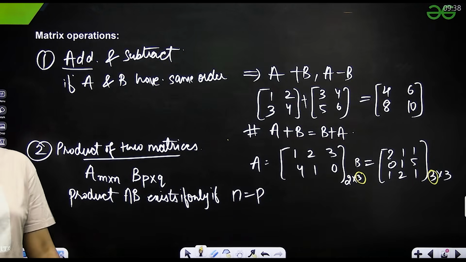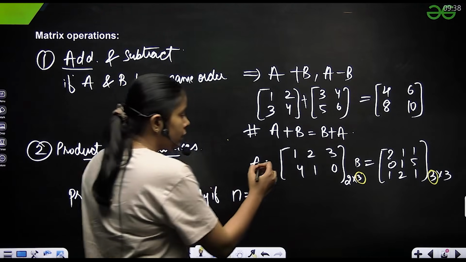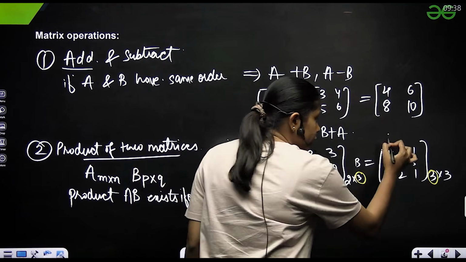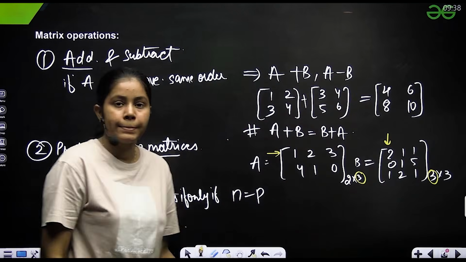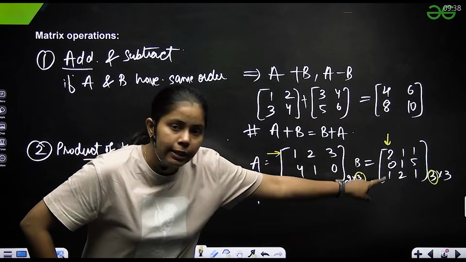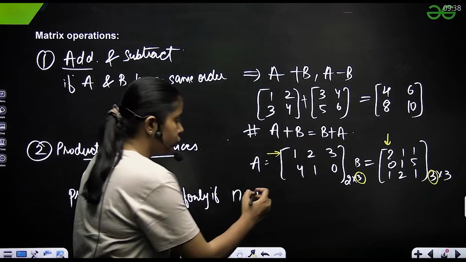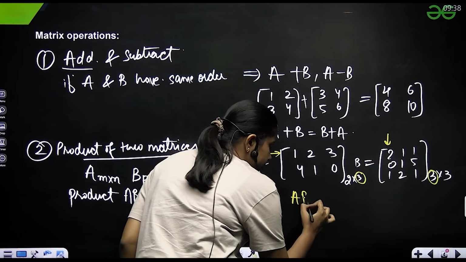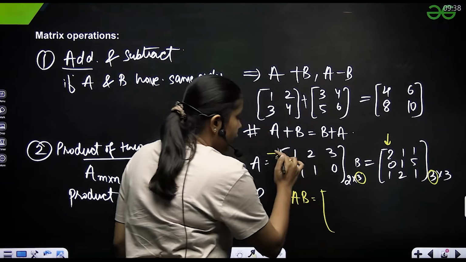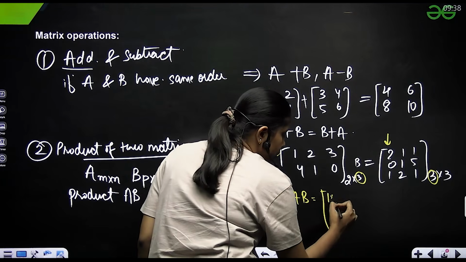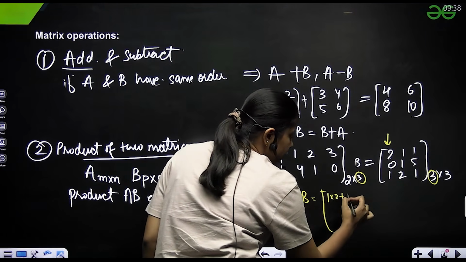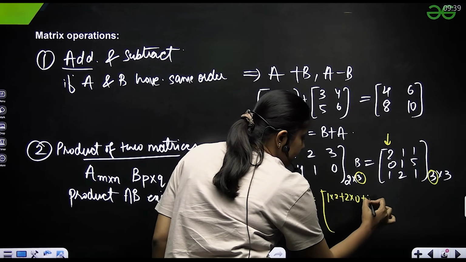And how are you going to find the product? You would take the first row and multiply it with the first column. How are you going to multiply row and column? So AB would be this matrix. How would you get it? 1 into 2 plus 2 into 0 plus 3 into 1.